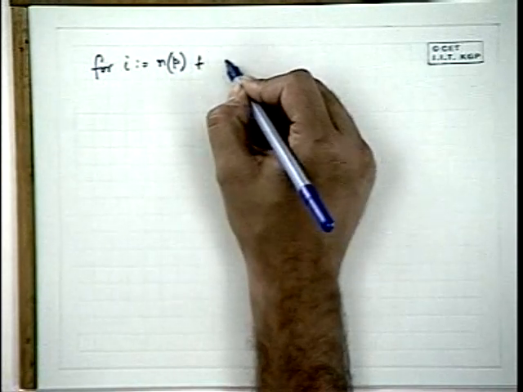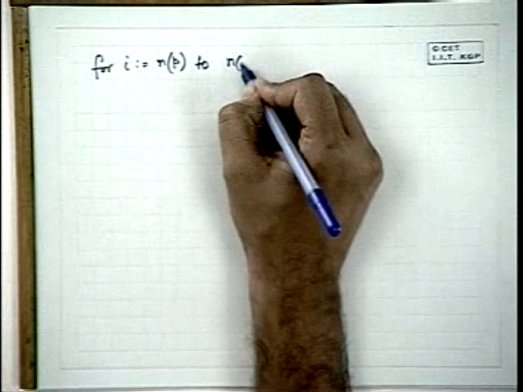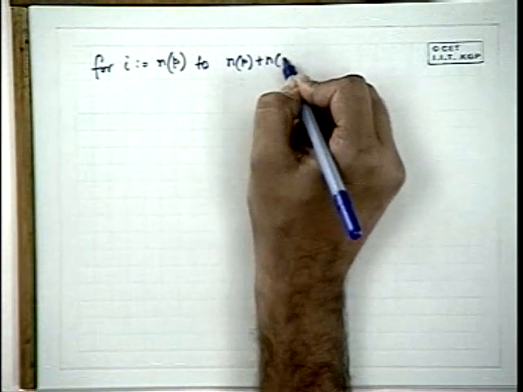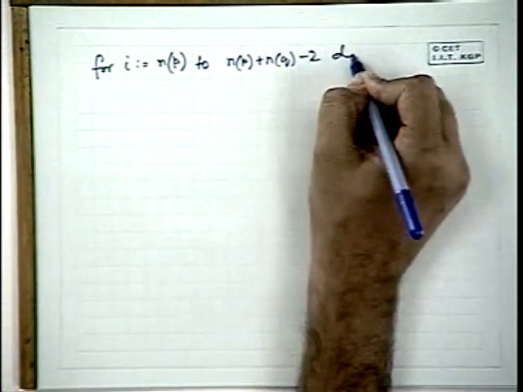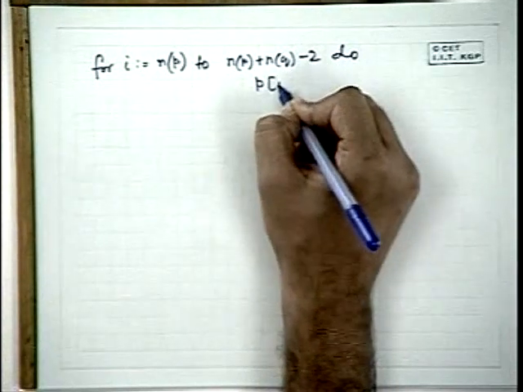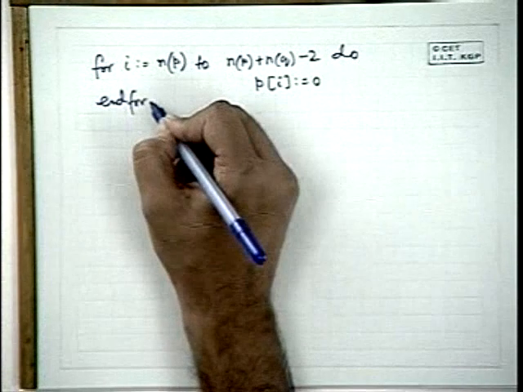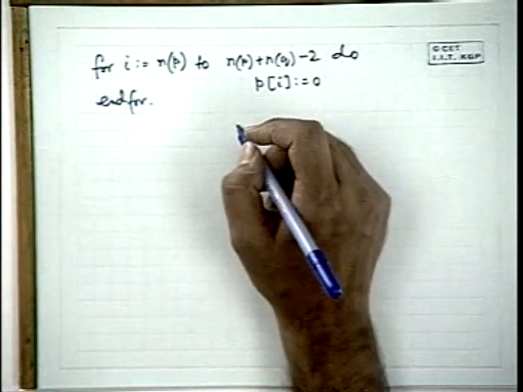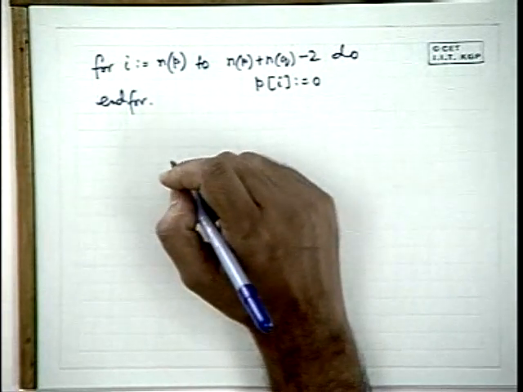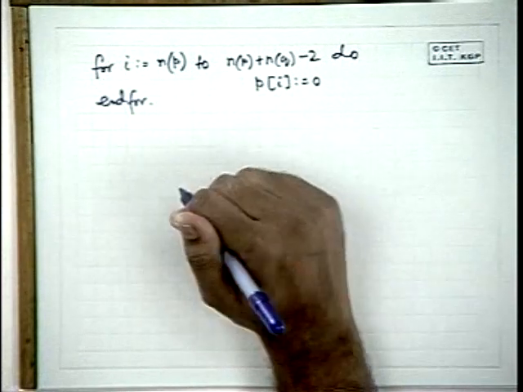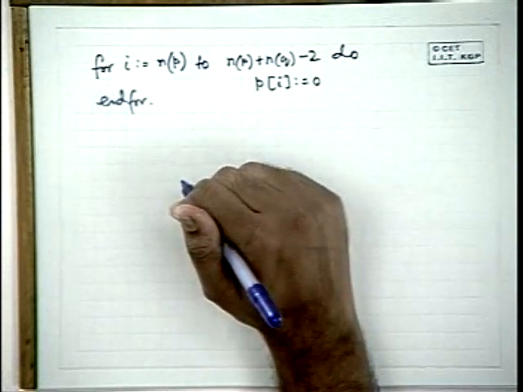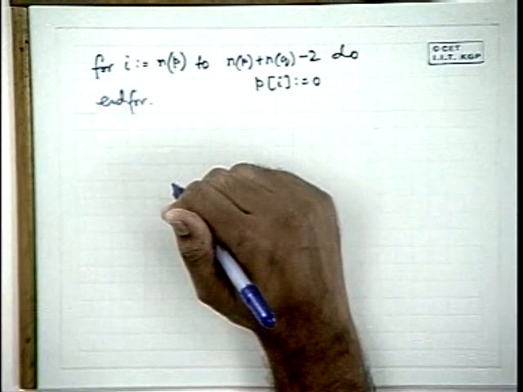I will tell you why we are doing this. When we multiply the two polynomials, with degree bounds NP and NQ, the degree bound of the resulting polynomial will be NP plus NQ minus 2. It cannot be more than that.